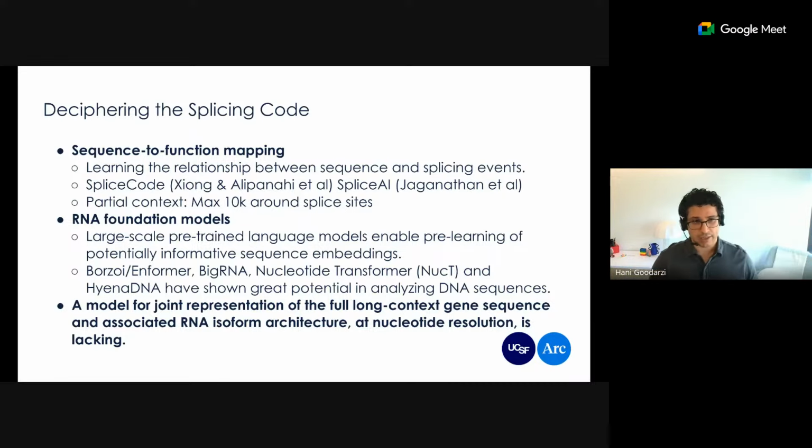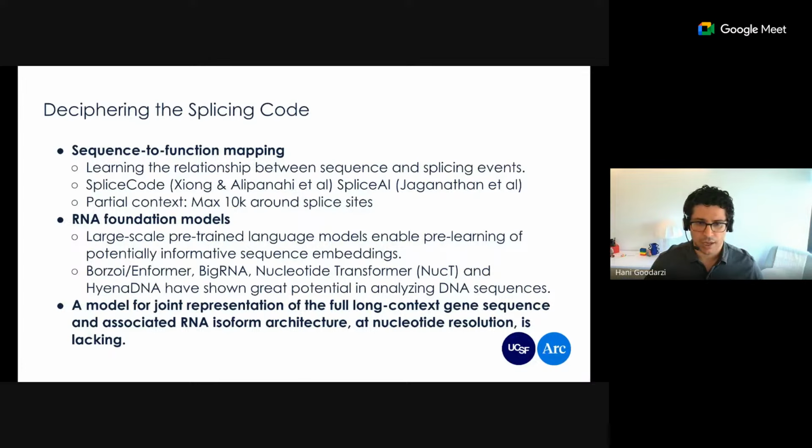Of course, along these lines, there have also been RNA foundation models. As everyone knows at this point, they're large language models pre-trained on the genome and the transcriptome. There are a variety of them.